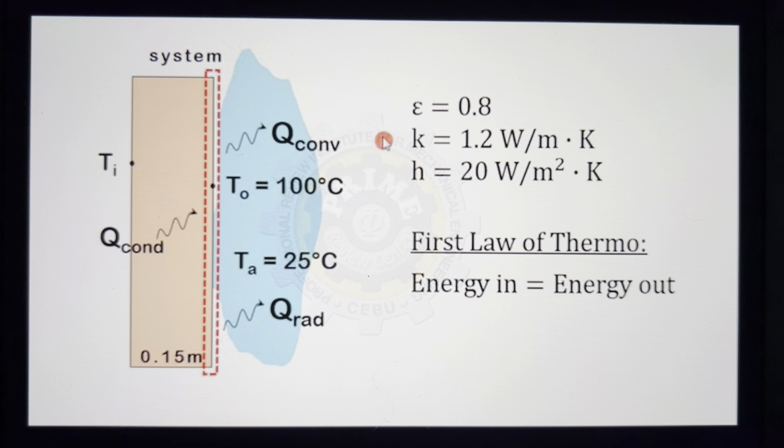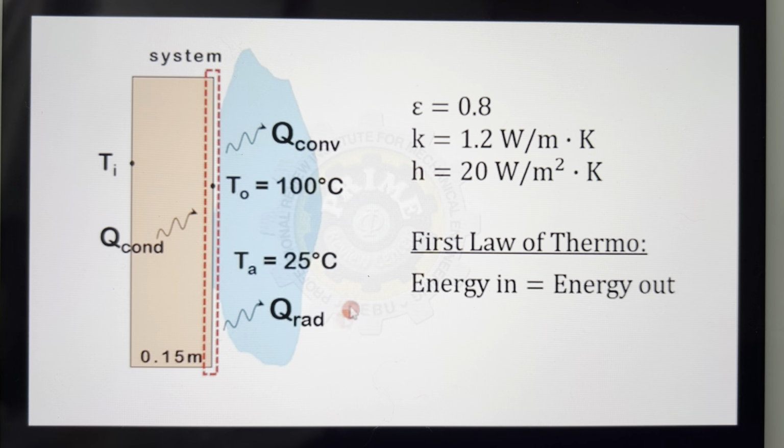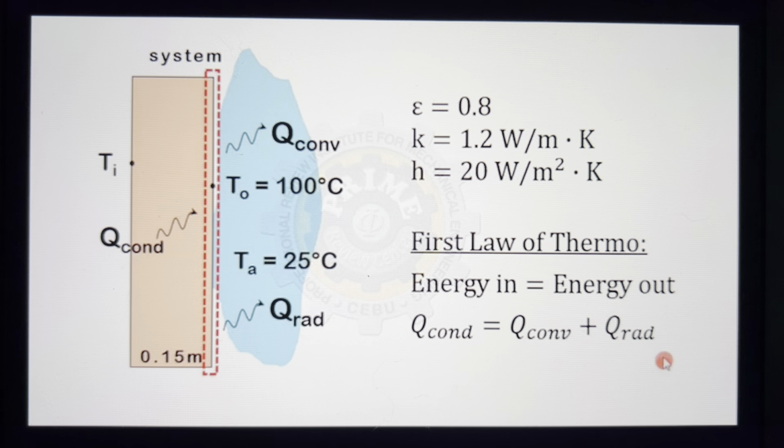Okay, so yung Q due to convection saka yung Q due to radiation are actually the energy leaving the system. So again, yung system na kino-consider natin is the outside surface ng brick wall. So therefore, from the figure, pwede pala natin i-rewrite yung energy equation as Q ng conduction equal to Q ng convection plus Q ng radiation.